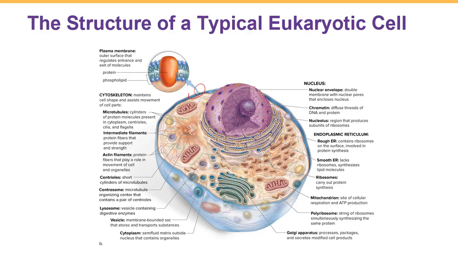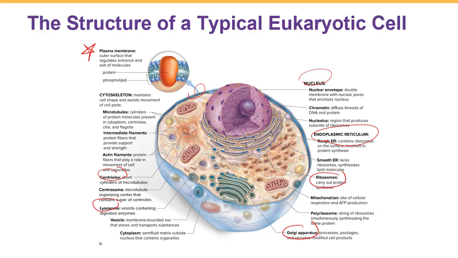And inside of the cell we have cytoplasm, and inside of the cytoplasm we have different organelles like the nucleus, centrioles, lysosome, the Golgi, ribosome, endoplasmic reticulum, and mitochondria. All of them are organelles, and as I mentioned, each of them has a specific job to help the cell survive.